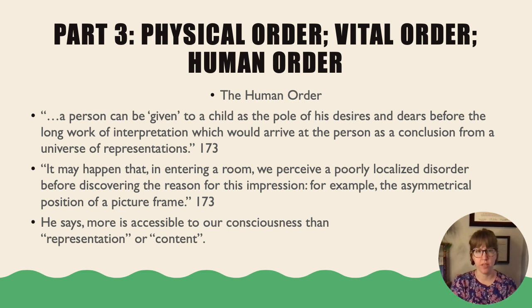He says, a person can be given to a child as the pole of his desires and fears, before the long work of interpretation, which would arrive at the person as a conclusion from a universe of representations.